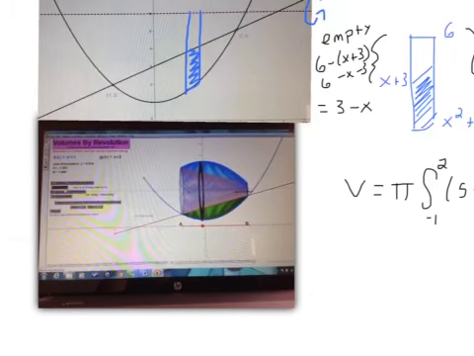So that's it for the two U-try problems. Hopefully you were able to set them up correctly, and tomorrow we'll have additional practice with both discs and washers, and then we'll throw in some of the bases problems for tomorrow.